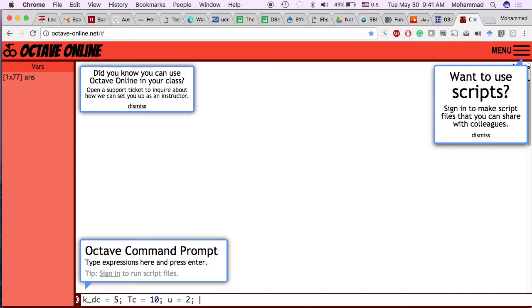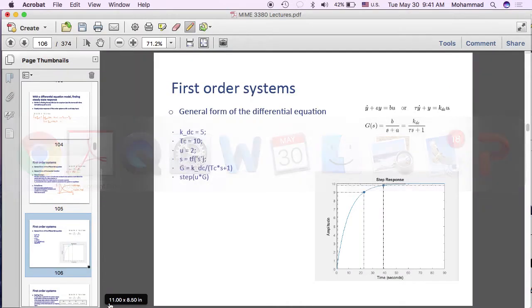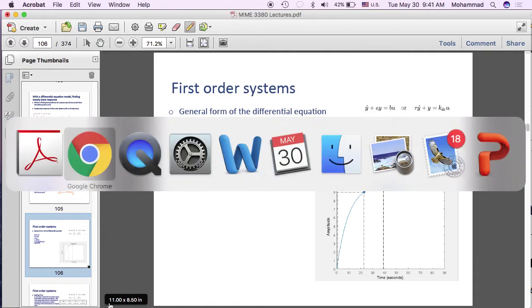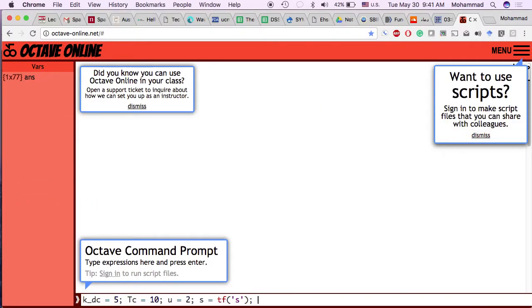And then you want to introduce your variable S. So S is the transfer function variable, with a single quotation. And then you define your transfer function. So you call it G, and in the numerator you have KDC, divided by, in the denominator, TC times S plus 1. That's your transfer function.